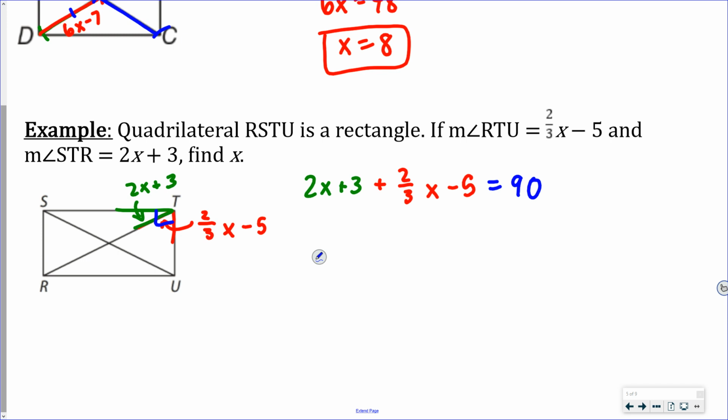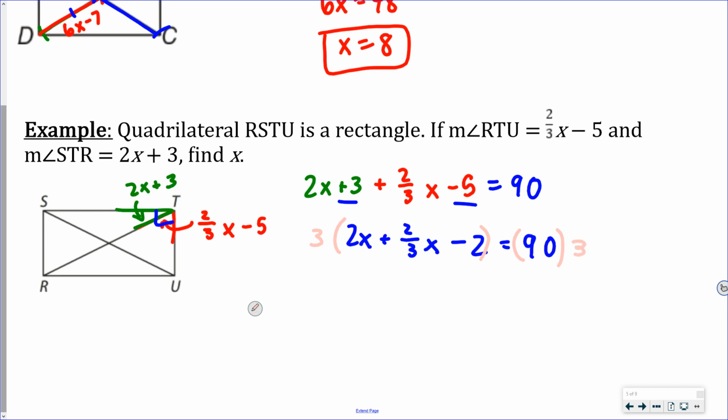All right. Fraction freaks. Let me show you an easy way to solve this. I'd probably add these together. Not the variables yet, because it has a fraction. So 3 and -5 is -2. An easy way, instead of dealing with mixed numbers or improper fractions, is just times both sides of your equation, and you can do this as long as you times everything by the denominator here, which is 3.